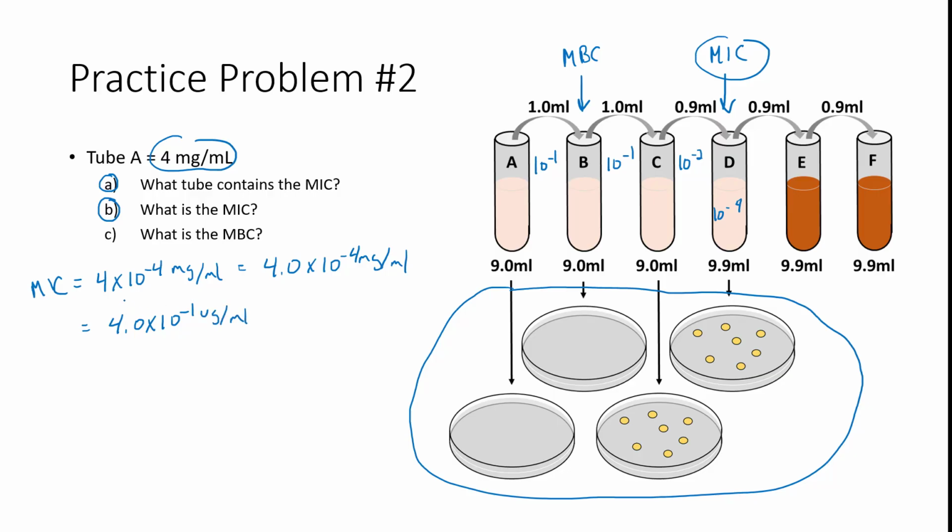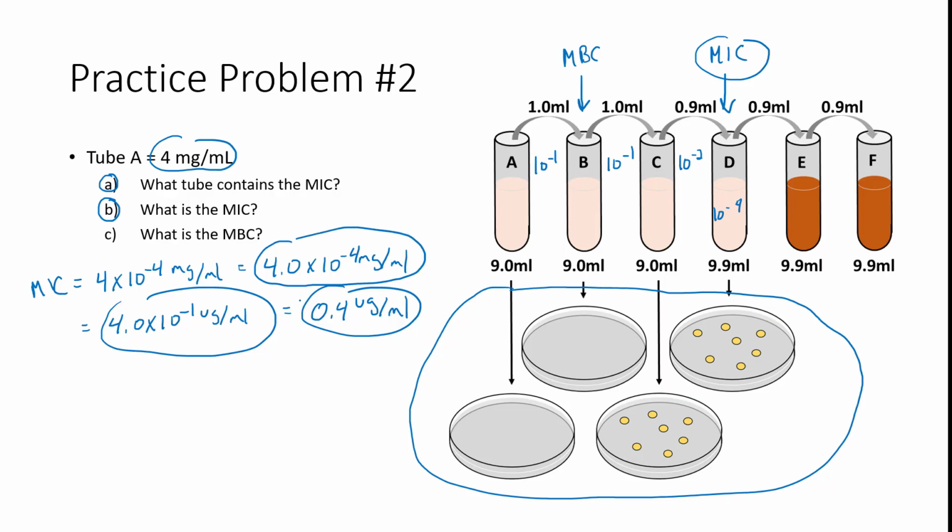It would be okay if you left it like that, but you could also just put it as 0.4 micrograms per mL. So if I ask for the answer in mg per mL, then this would be a completely correct answer. And if I ask for the answer in micrograms per mL, then either one of these would work just fine.